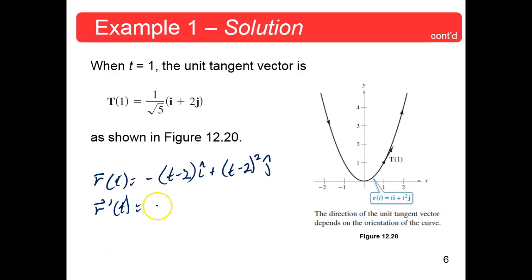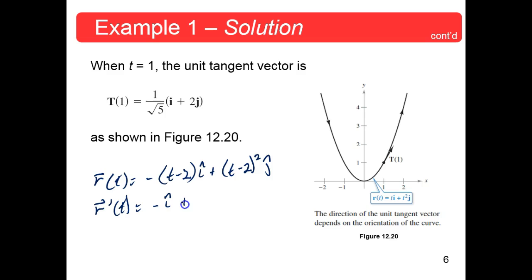Okay, it'd be a minus i. Do you see why it's a minus? The derivative of minus t would be minus 1. You see? That minus outside there. When you distribute it, it would be minus t plus 2. The derivative of 2 is 0, but that would be a minus there.